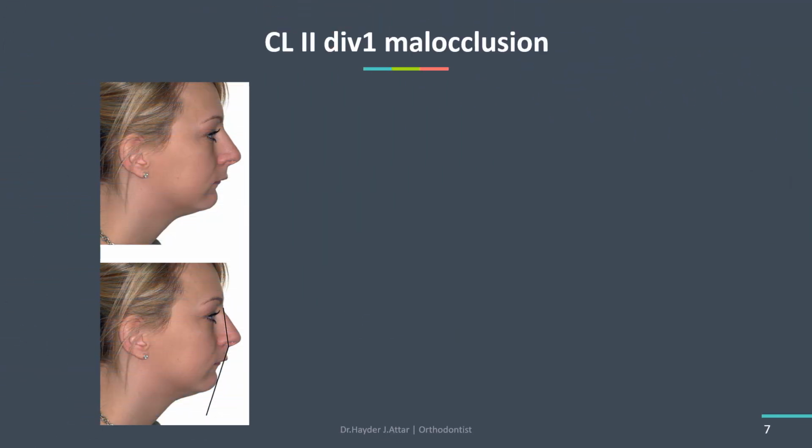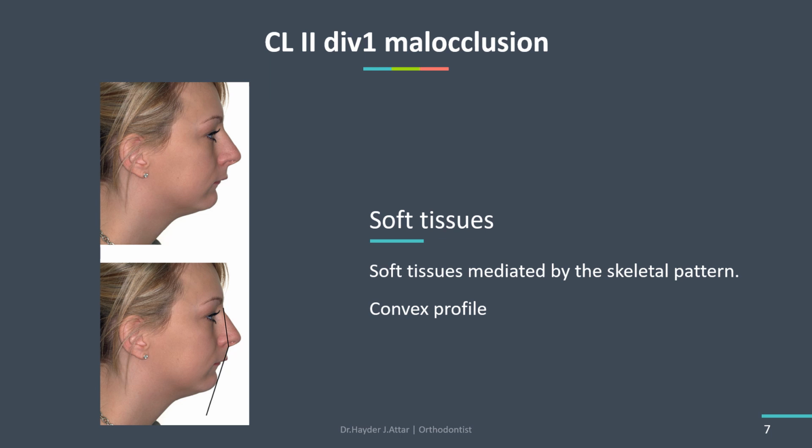In a Class 2 Division 1 malocclusion, the facial feature is characterized by a convex profile. The convex profile of Class 2 Division 1 is due to either a prognathic maxilla, a retrognathic mandible, or both, and this gives a convex profile.